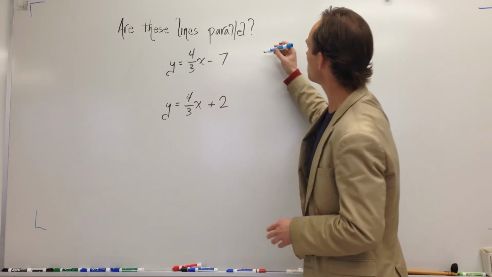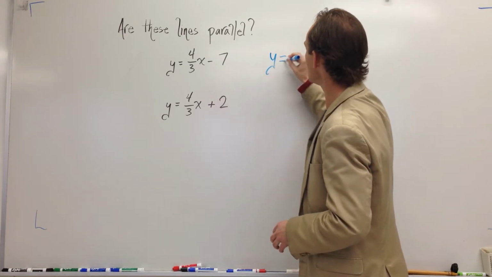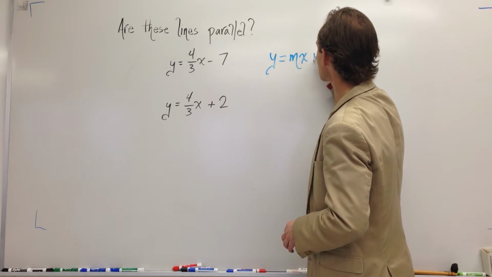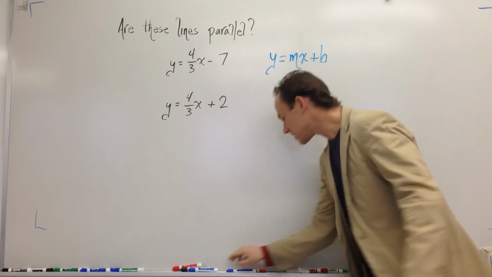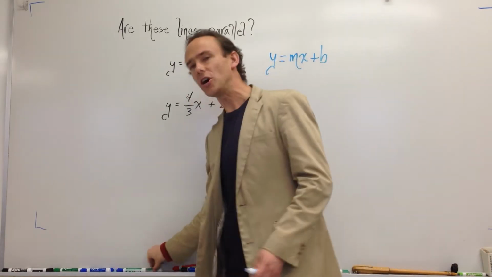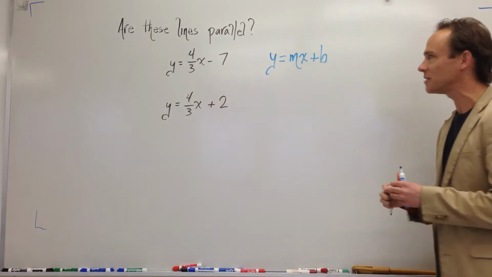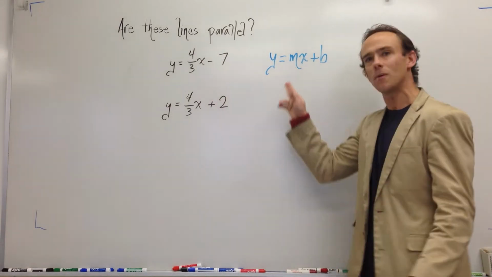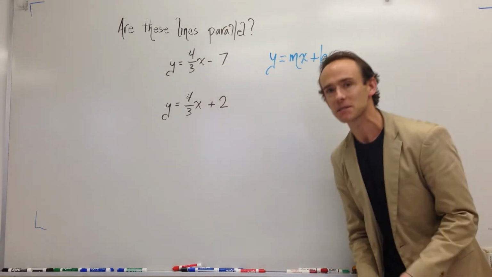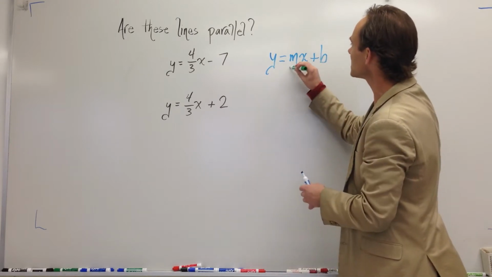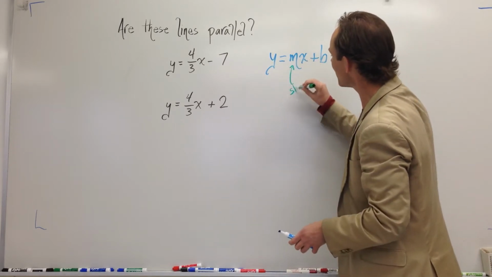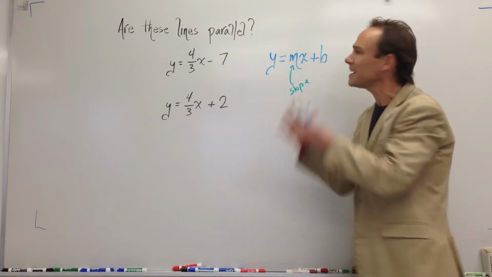This is very similar to y equals mx plus b. This is called slope-intercept form, and you know why: because it gives you the slope, and then it gives you the intercept. And m is the slope. It's right in front of your face.